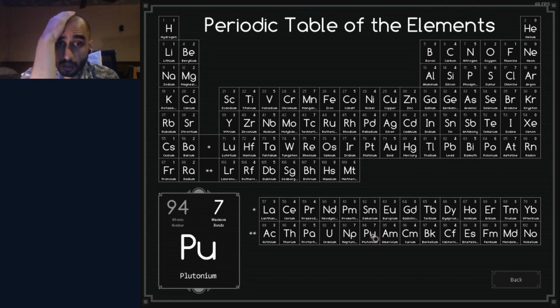94? Okay. 94. So what's 94 divisible by? 47 and 2.